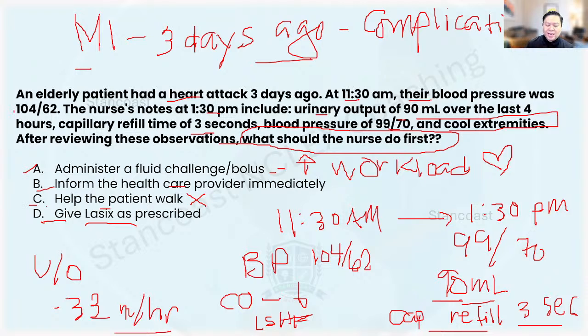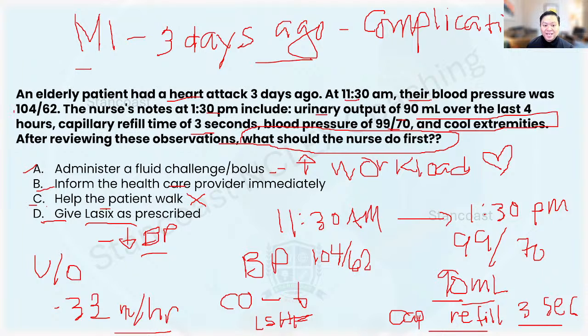And remember, guys, that the Lasix can also cause a drop in the blood pressure. So instead of helping the patient at this time, if you give the Lasix, it's going to compromise the patient's remaining heart function.